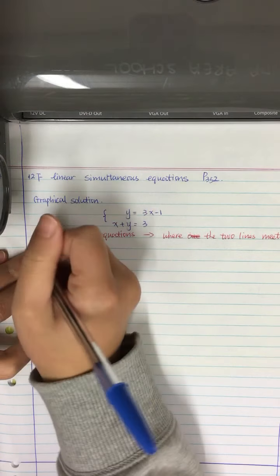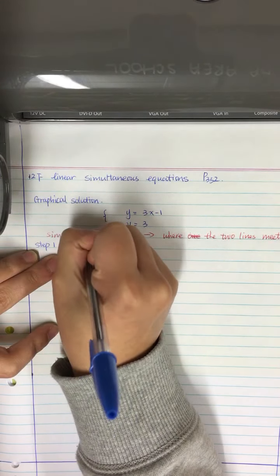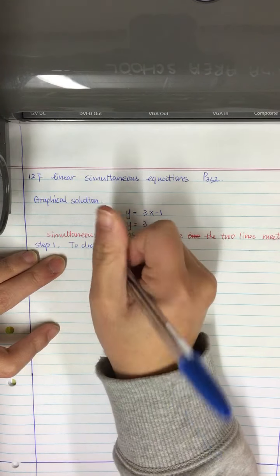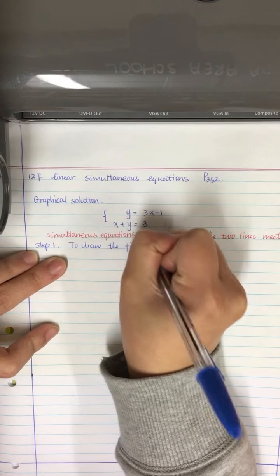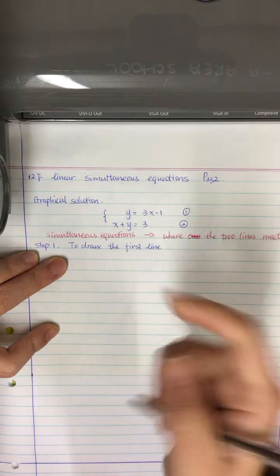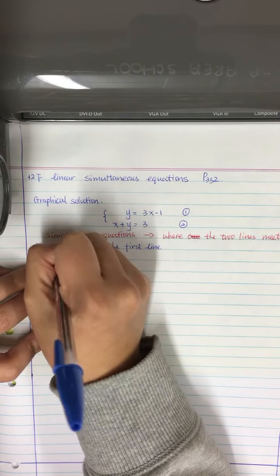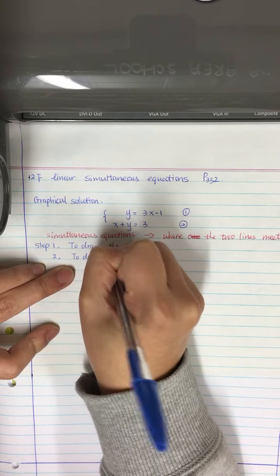So step one is to draw the first line. Step two is to draw the second line.